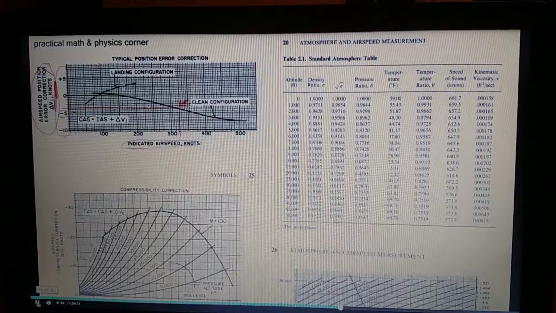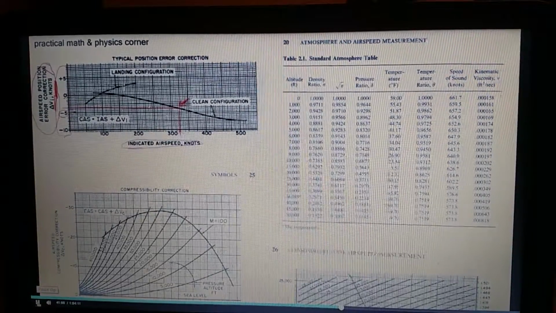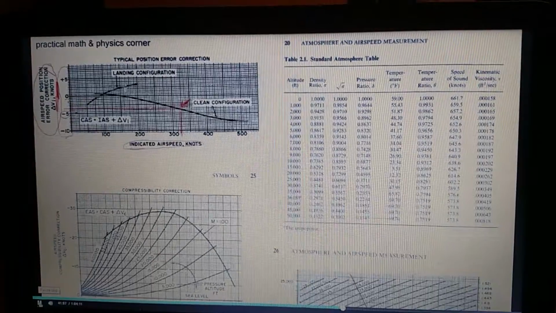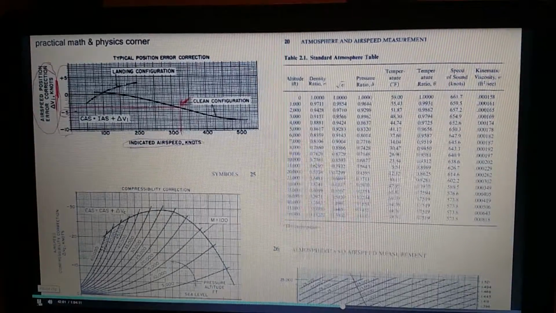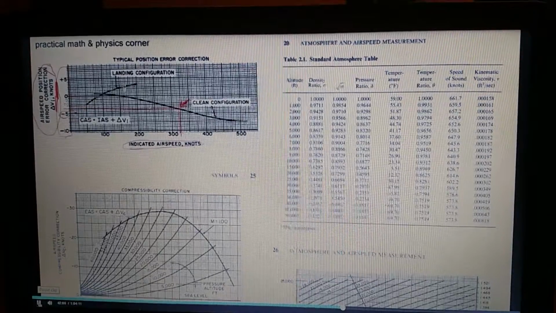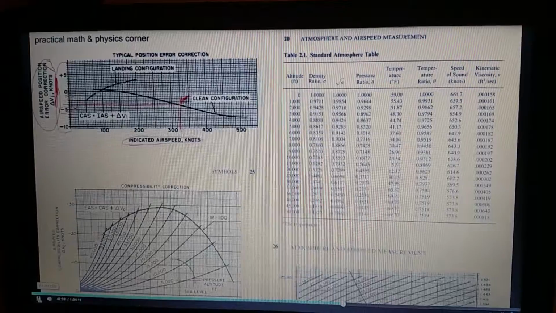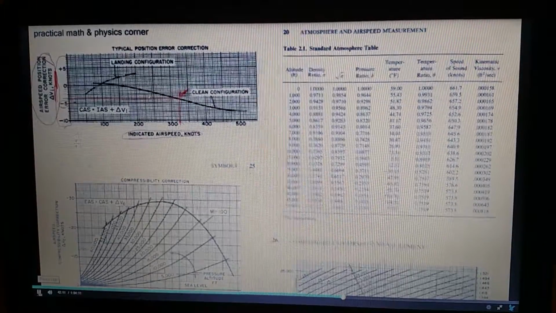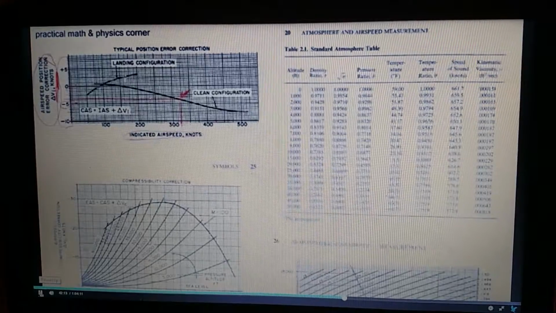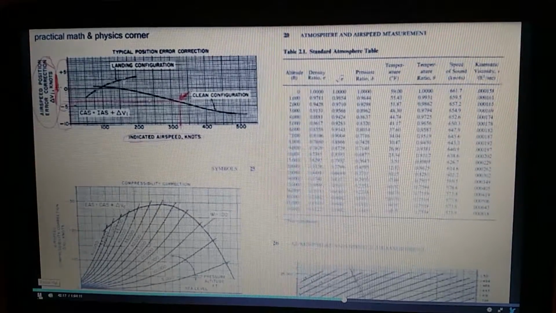So there are 10 little squares in between here, so each of the squares is 0.5, which means this is 1 knot here, and then the next 2 squares is the second knot, and then the next 2 squares is the third knot, and so on until you get to 5 knots. So each full knot has 2 squares in there. When you read the chart, make sure that you count those squares properly and relate them to the scale on that side.